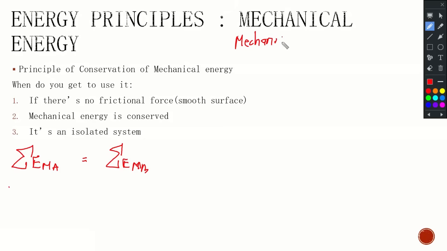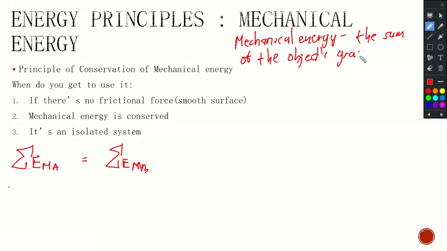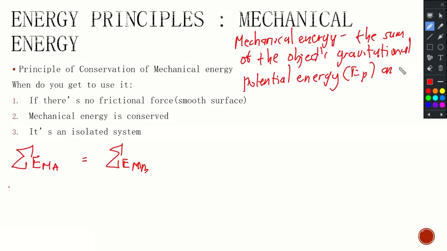So mechanical energy is simply the sum of the object's gravitational potential energy, which is EP, and the kinetic energy, which is EK.